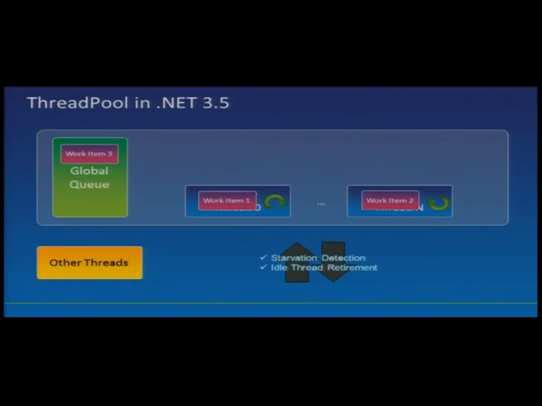In .NET 3.5, the logic is something like, if there are work items on the global queue, but none have been removed in half a second, the ThreadPool is going to inject a thread. So that way the system doesn't get into starvation. And another feature is that the ThreadPool shrinks. So if there are threads that are not doing anything, the ThreadPool will eventually retire them.